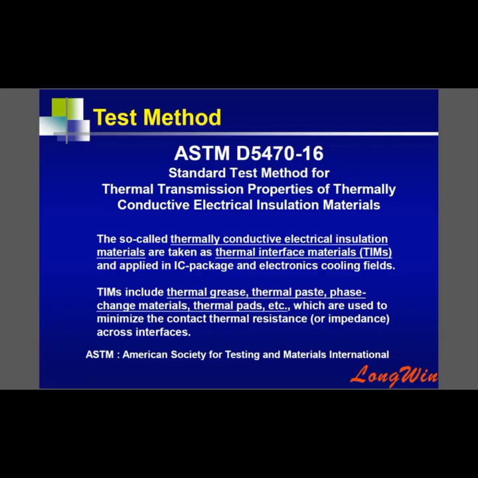There are many ways to measure the material's thermal conductivity, but actually this one, ASTM D5470, is the most suitable to test the interface material because we can see the actual application scenarios by using this method. And for your notice, ASTM, the full name, is American Society for Testing and Materials International.